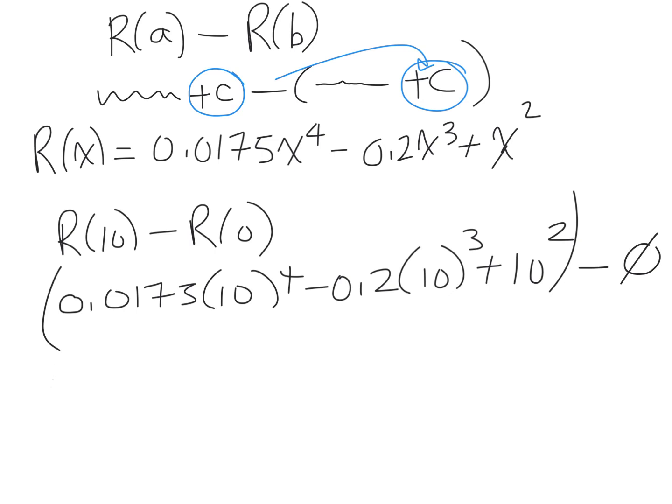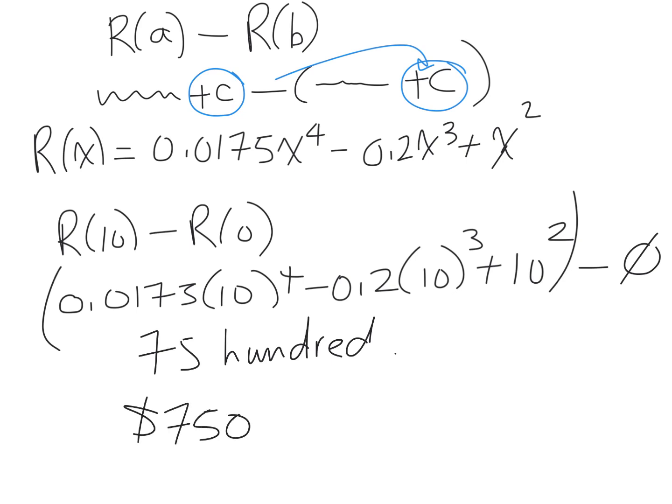People are nodding, yeah, seems reasonable. 75, and wait, it's 7,500, right? So we can multiply by 100 there, and it'll be 7,500, yeah? That was just given in the question, in hundreds of dollars.